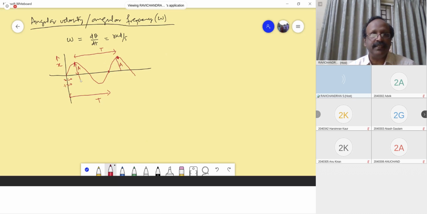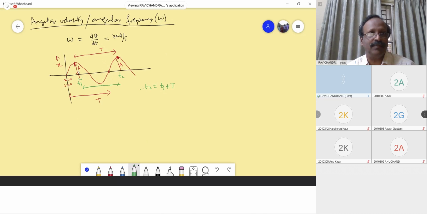If the time here is T1 and this time is T2, then the difference in time between this and this, as all of you know, is T. Therefore, T2 is equal to T1 plus T. Hope you understood.